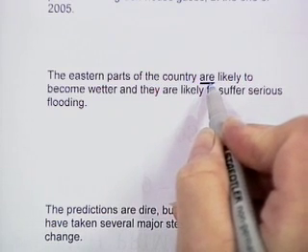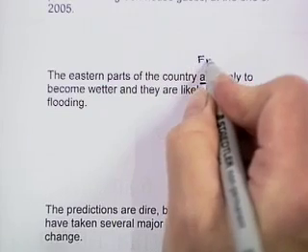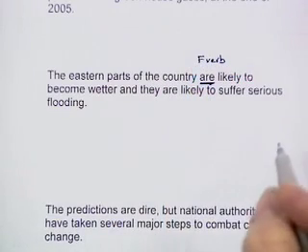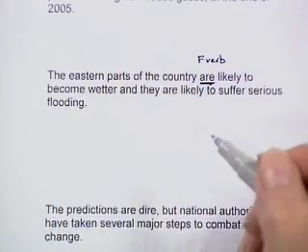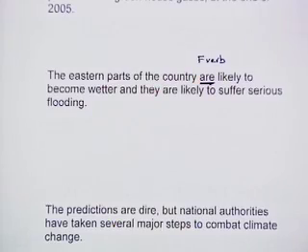You mustn't forget that. So your finite verb is are. Be very careful. Don't go for to become. If it's to plus a verb, to run, to jump, to swim, to eat, that's an infinitive. So look again. Are is your finite verb, and we've got the same finite verb again later on.